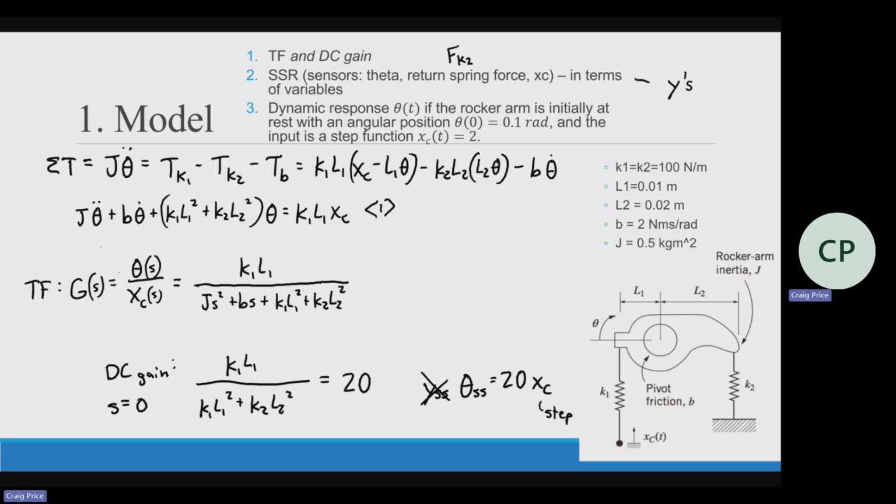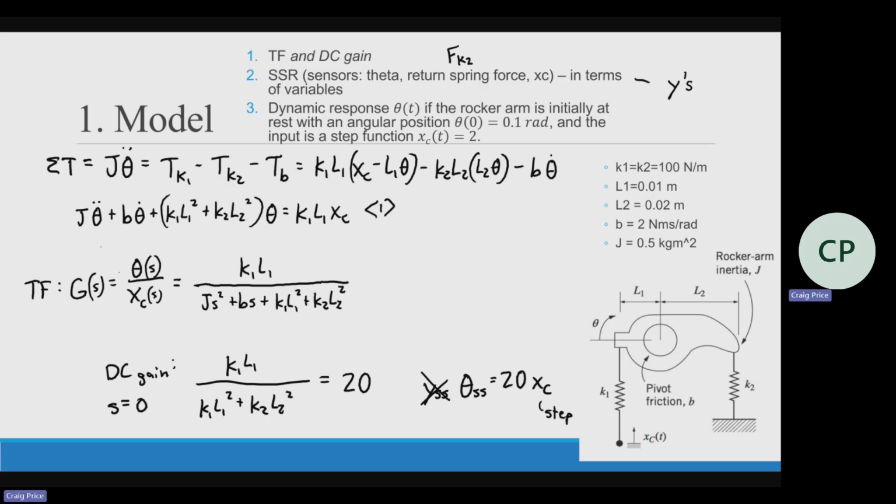So DC gain only works with a step or a constant input, just like DC voltage, just to not change it. Constant.